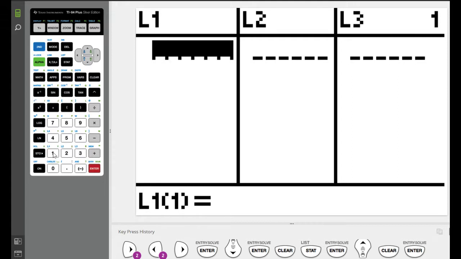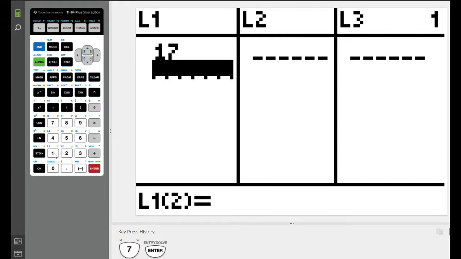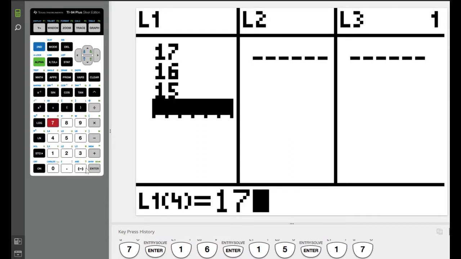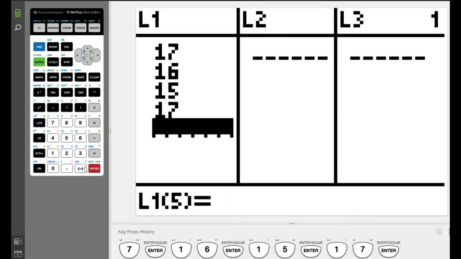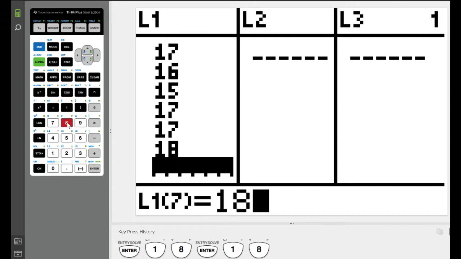Here we go. I believe the data values were 17, 16, 15, 17, 17, 18, 18.